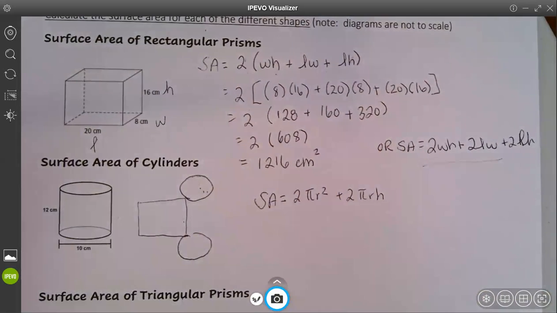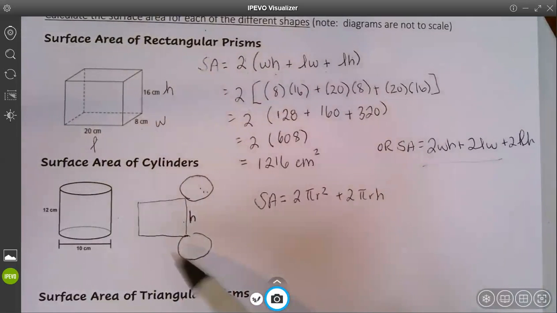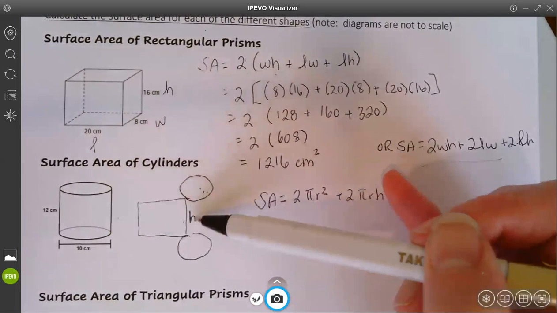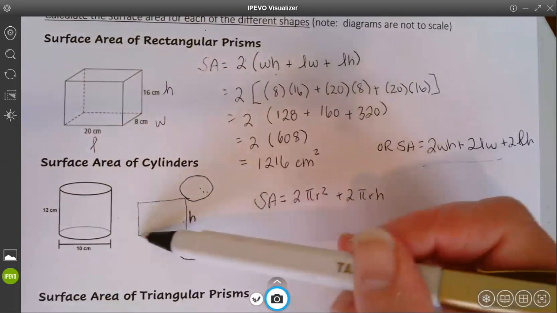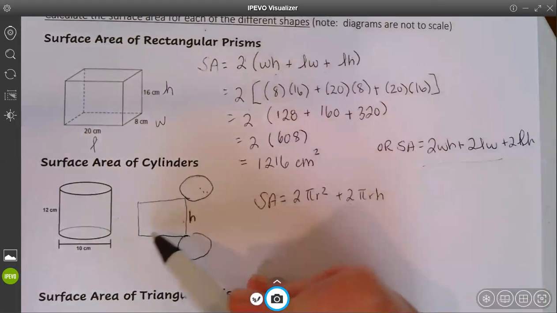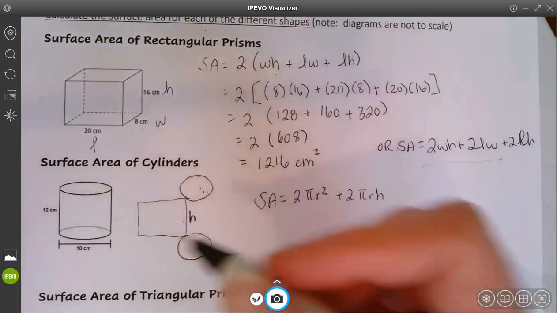And where it gets a little bit tricky is this part here, the area here. When we unravel this, it is a rectangle. So this part here corresponds with the height, but how exactly do we define the width? Well, this part here would fit all the way around our circle.